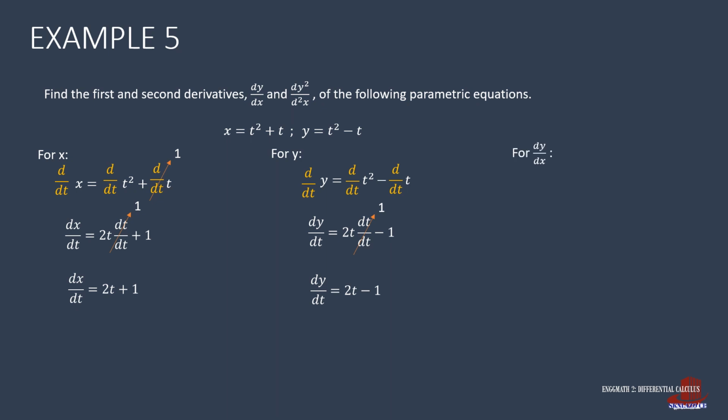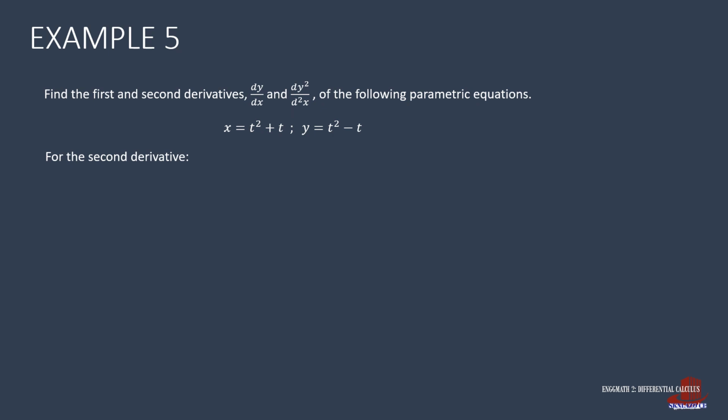Place dy over dt divided by dx over dt to take out dt, and to come up with 2t minus 1 all over 2t plus 1. We can now proceed to the second derivative by differentiating dy over dx.